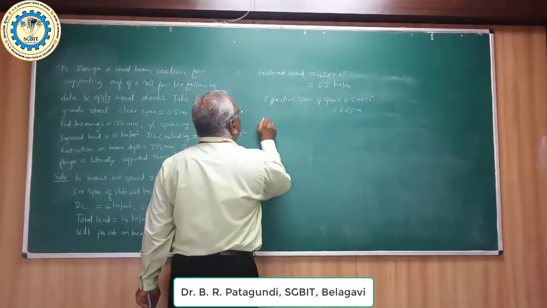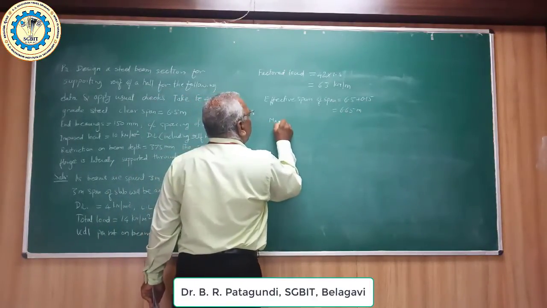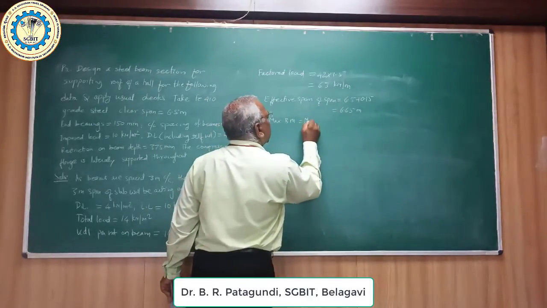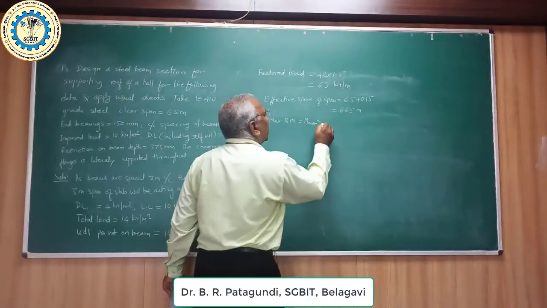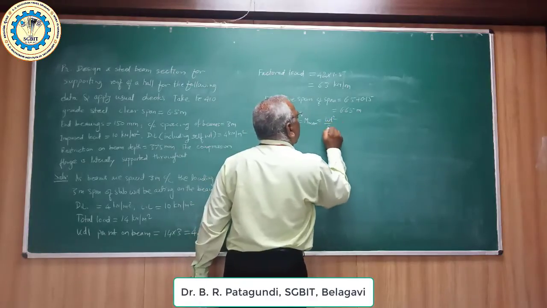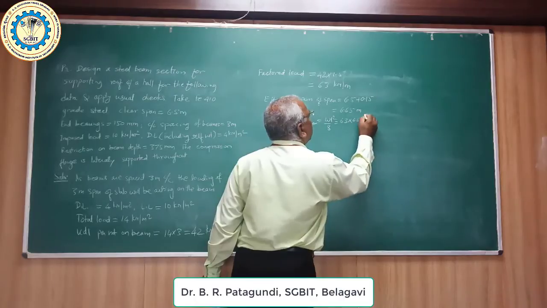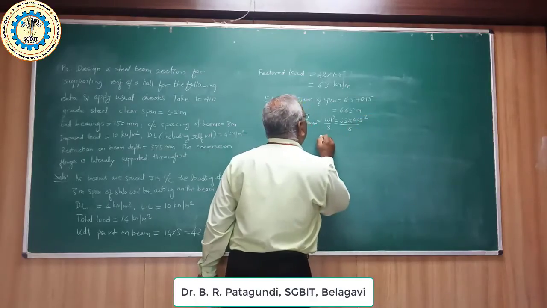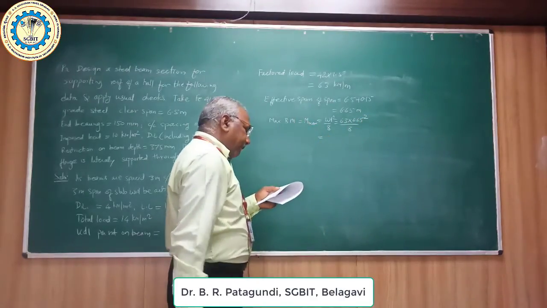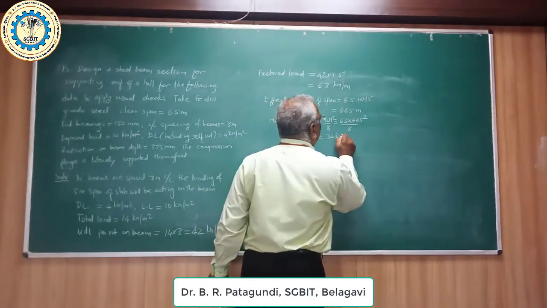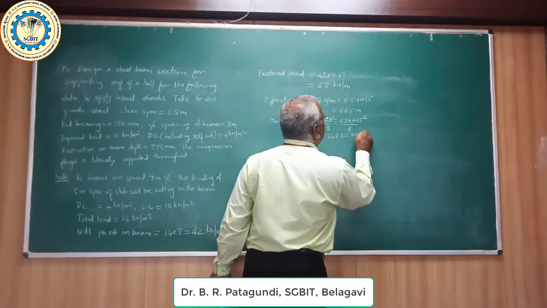So, the maximum bending moment, M max, equal to WL square by 8, 63 into 6.65 square divided by 8. So, this value will be 348.25 kilonewton meter.